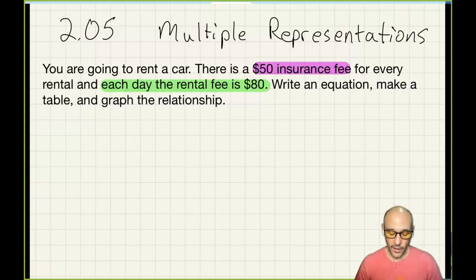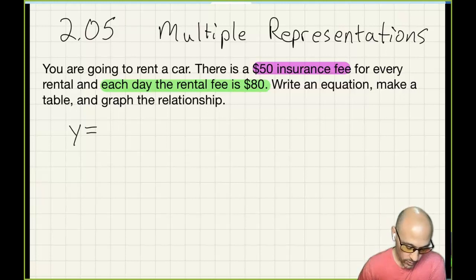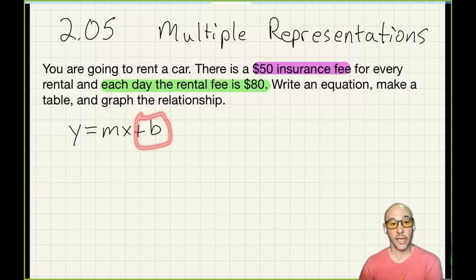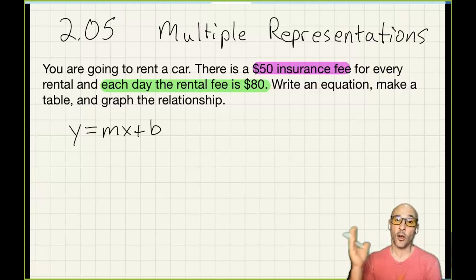So if we're thinking about an equation in the form y equals mx plus b, the constant, the b, the intercept, that's the base value for renting it. So no matter what you rent for how many days, that's the fixed fee.